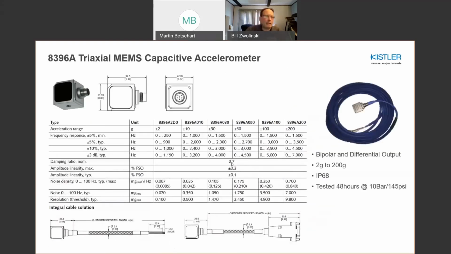Then there's also the 8396, which is the MEMS capacitive triaxial accelerometer, also an integral cable solution, IP68, also qualified to 10 bar. So with regard to underwater vibration, you can accomplish it with a piezoelectric IEPE, triax, single ax, or even a triaxial MEMS capacitive accelerometer, depending on the requirements.